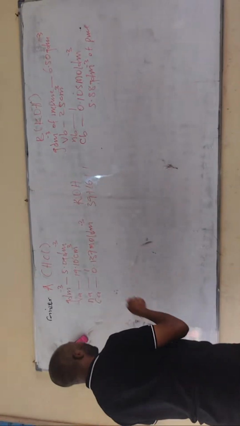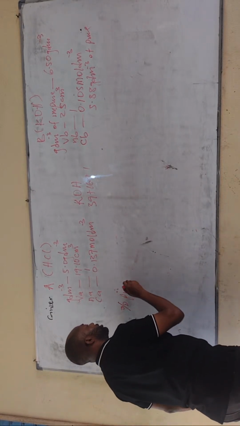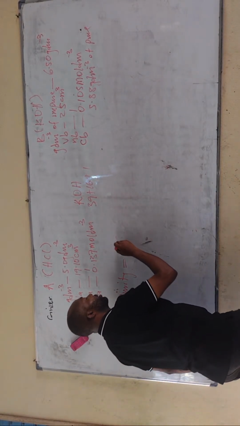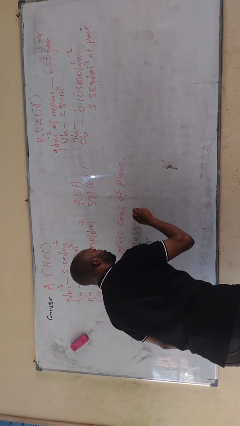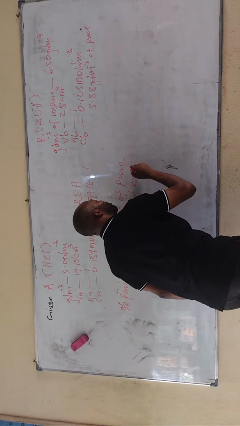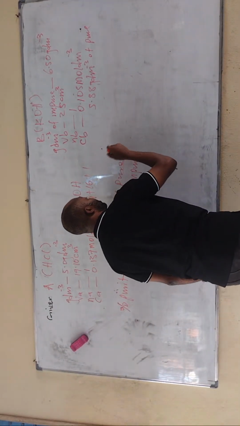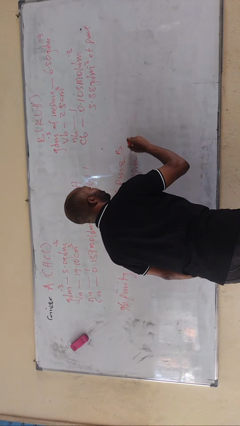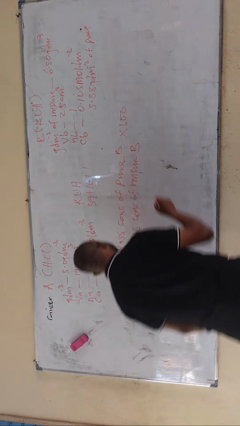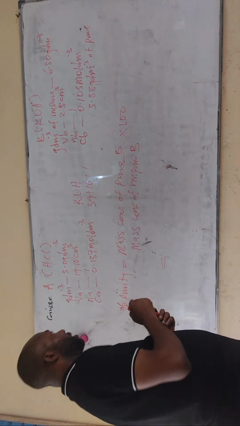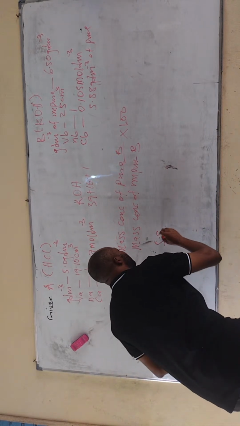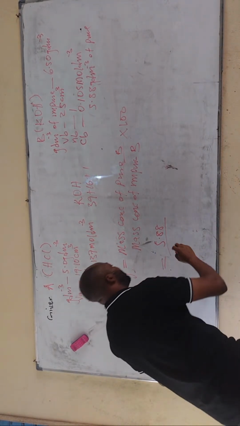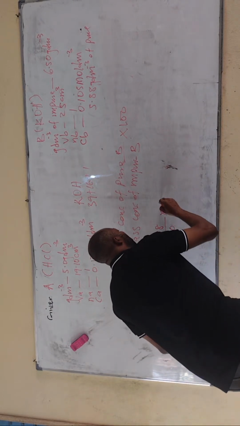Now, percentage purity is equal to mass concentration of pure over mass concentration of impure B, times 100. The mass concentration of pure is 5.88, that of impure is 6.50, times 100.